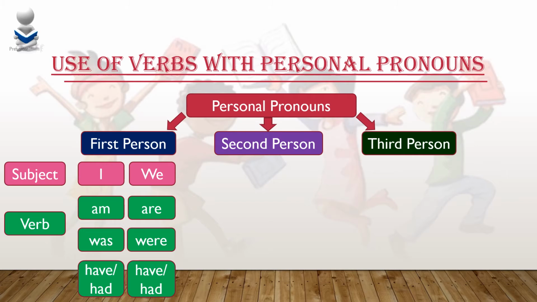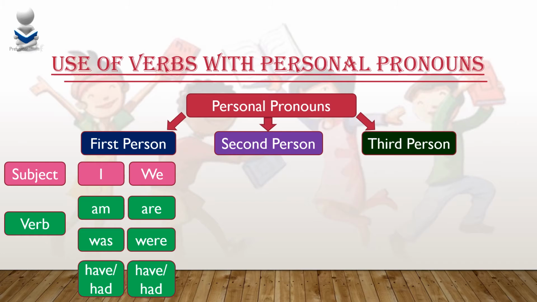So we were. We have. We had. So these are the verbs that you can use with we: we are, we were, we have, and we had. So these are the subjects and the verbs to be used with them if your sentence has a subject which is a first person personal pronoun.